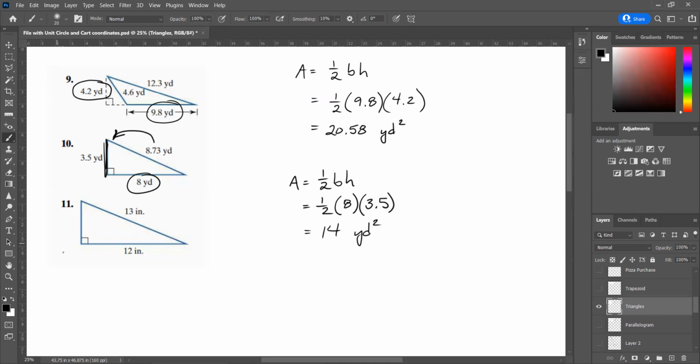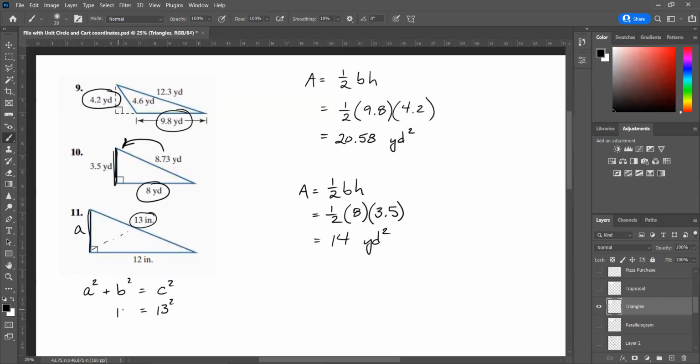Now looking at number 11, I've got the 12 and the 13 that are not perpendicular to each other, but this other side is. To get that missing side, maybe I go back to that Pythagorean theorem that we've talked about. And remember, the C has to be the side opposite the right angle, so that's the 13. A and B can be either of the two sides, so let's call that one A. B will now be the 12.